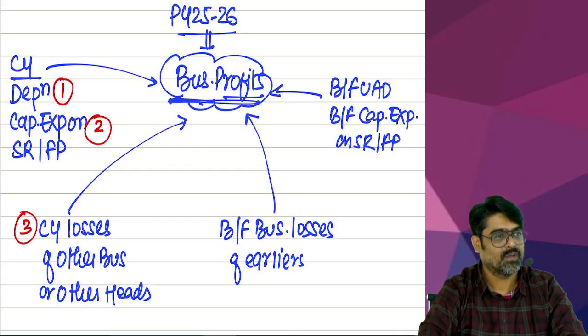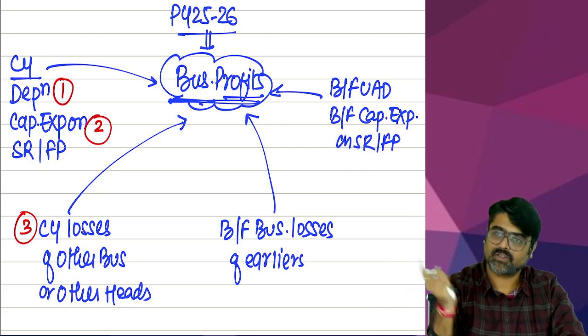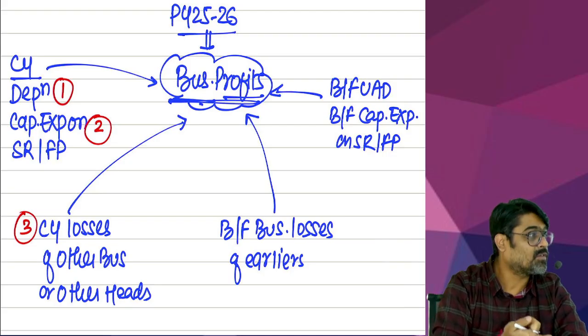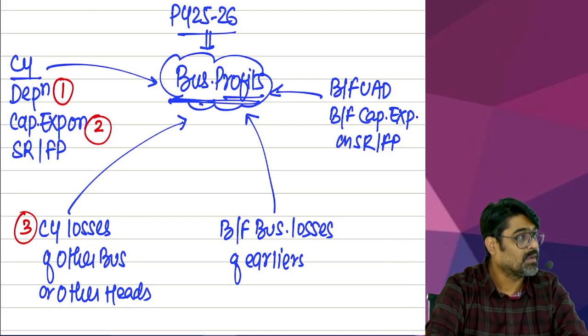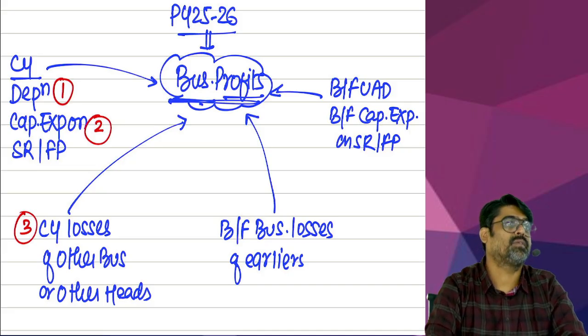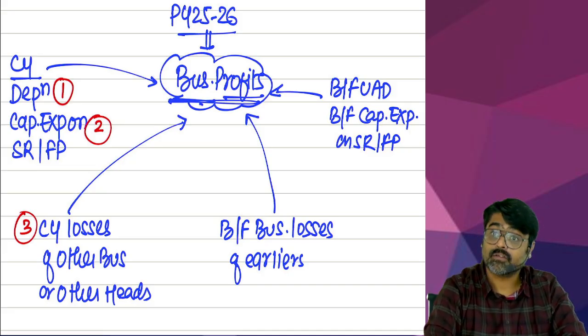Business loss or unabsorbed depreciation? You can set off the unabsorbed depreciation of earlier years and you can set off the business loss of earlier years. Given a chance, which one would you like to adjust first? Sir, what difference does it make? It will make a lot of difference.